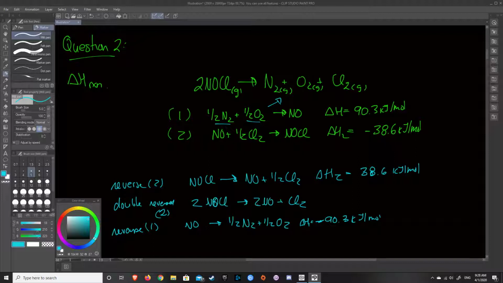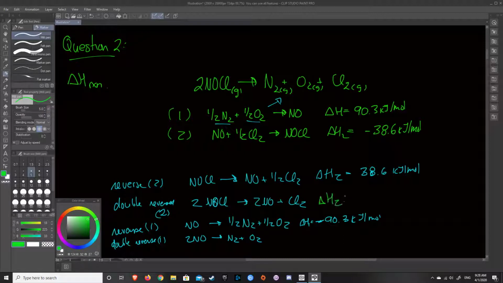So here we've got 2NO, here we need 2NO, so we need to double the reverse of 1. So we just double this equation above. So we've got 2NO reacts to form N2 plus O2. And doubling it, this is one thing I should have done up here already.